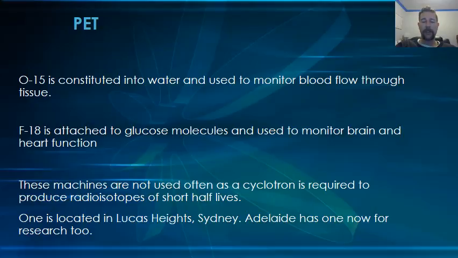Now these PET machines are not used very often because the half-life of the material used for these radioisotopes is very short and has to be used in the location where it is made. So in Australia, there's a reactor that can make radioisotopes in Lucas Heights, and just recently in Adelaide we got one at the bottom of the cheese grater building, the SAHMRI Institute, that can produce radioisotopes for research too.